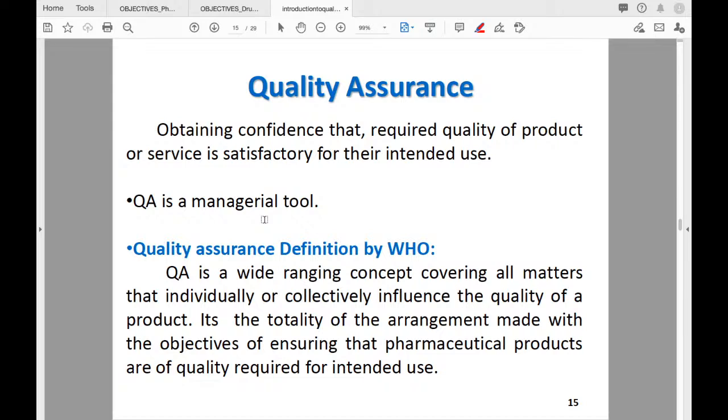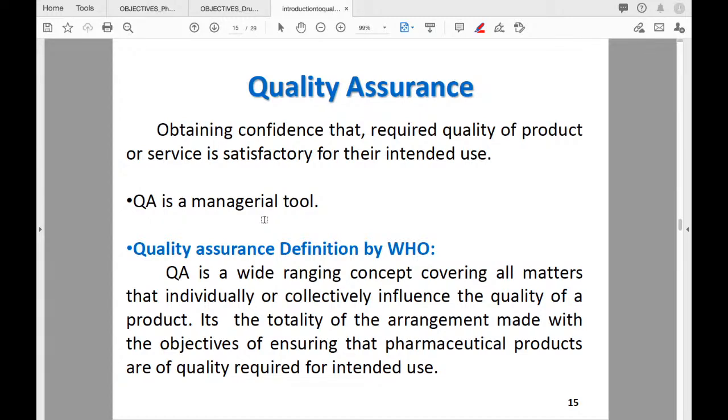It is a bigger picture of quality control, which brings out the confidence that the quality of your product or service is satisfactory and it's all good to go for the final use. It's basically managing all the quality, so that the final product you produce is all good.